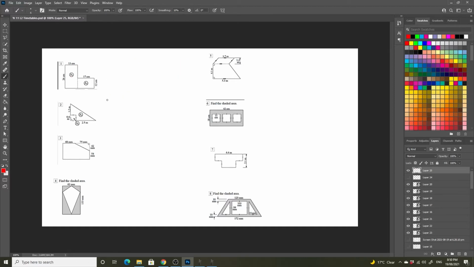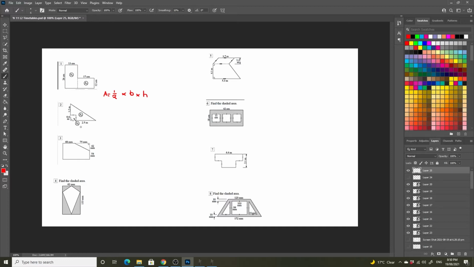So for 2, we are looking at a triangle, and we remember the area of a triangle is half times base times perpendicular height.